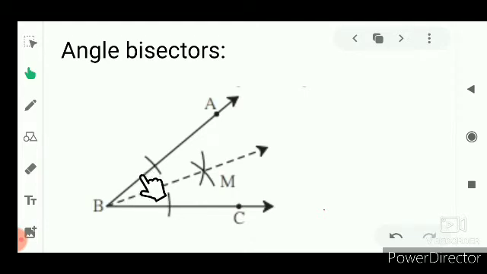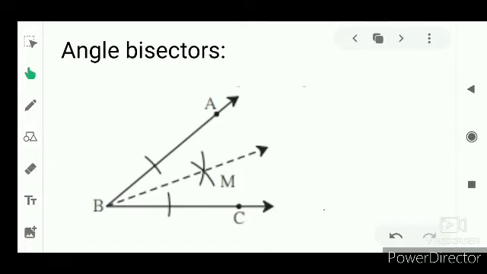After that we will take the fixed point of the compass on this point and make one arc in the middle. Then we will take the fixed end on this arm and make one arc which is cutting this arc. Then we will join this point with the vertex. So this line will become the angle bisector of this angle ABC.